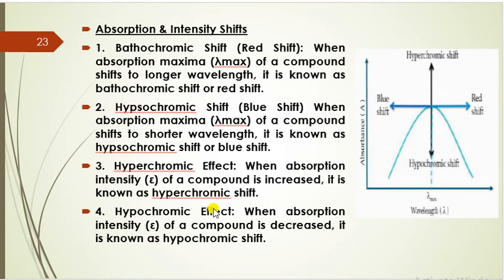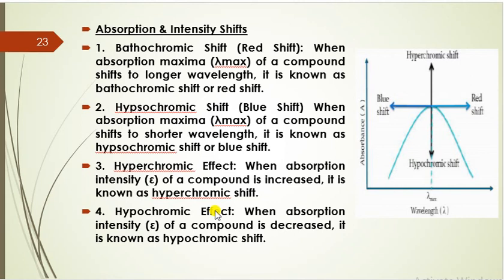When the absorption intensity of the compound increases, it is known as hyperchromic shift. It is an effect due to which the absorption maxima increases, and this is mainly found in the case of pyridine. In pyridine, the introduction of an auxochrome increases the intensity of the absorption of radiation.